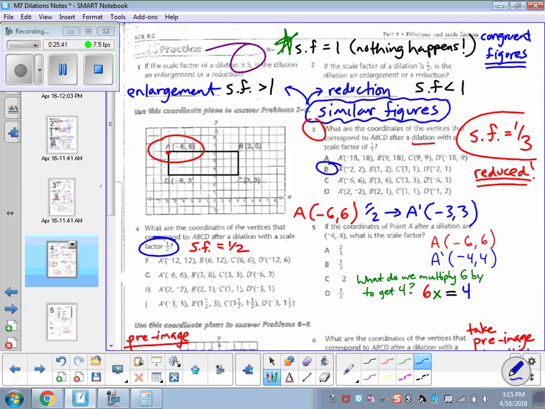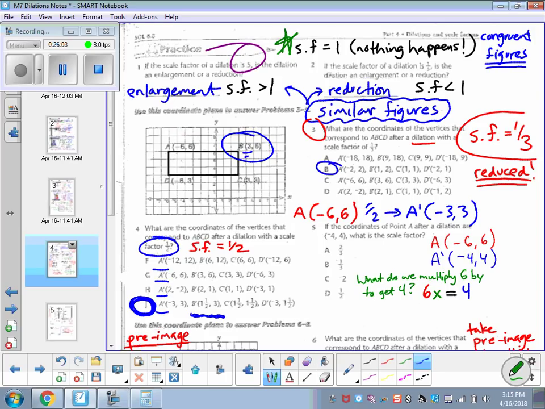So over here, all I'm doing is looking at A primes, and I'm looking for which one is going to be at negative 3, 3. And I can see it right here for J. All right? Now I do want to talk about this fraction in here, just so that we're on the safe side. Let's focus in on point B. B is 3, 6.